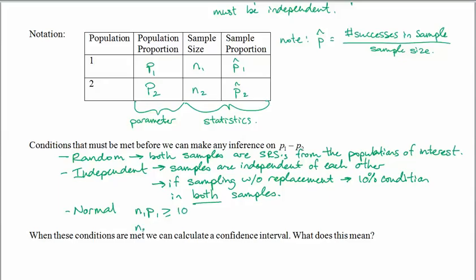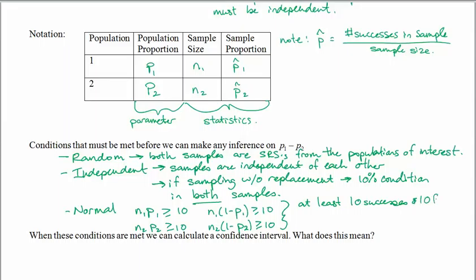Also, N1 times 1 minus P1 is greater than or equal to 10, and N2 times 1 minus P2 is greater than or equal to 10. You'll recall that the easy way to check this is that there are at least 10 successes and 10 failures in each sample.